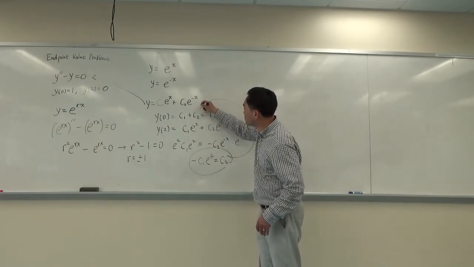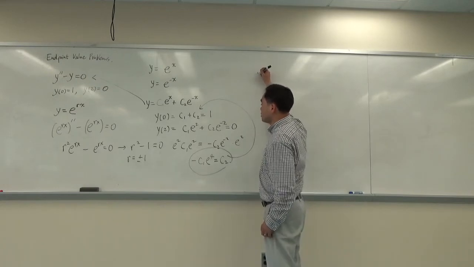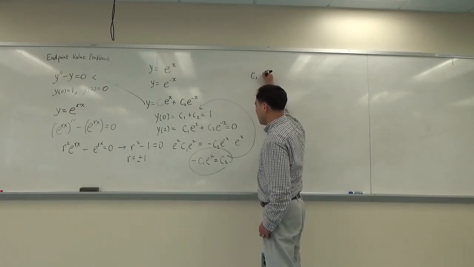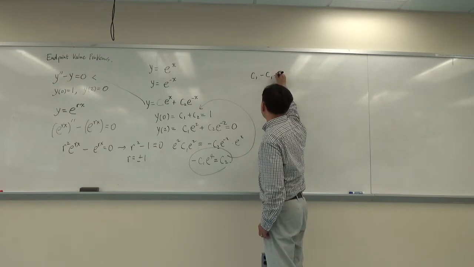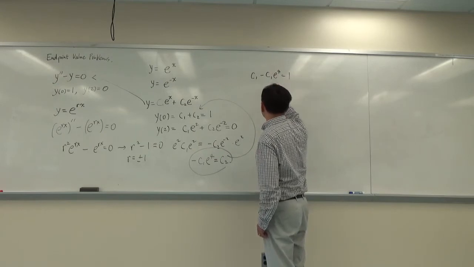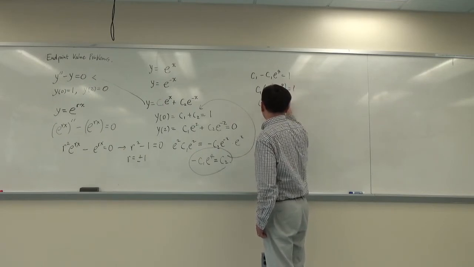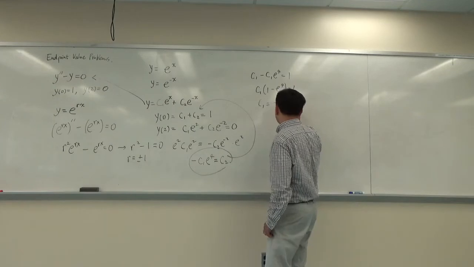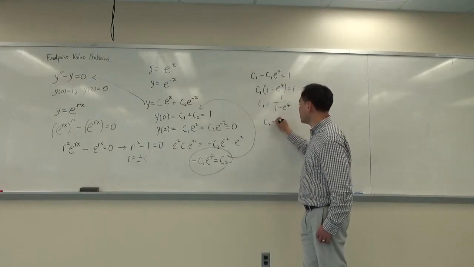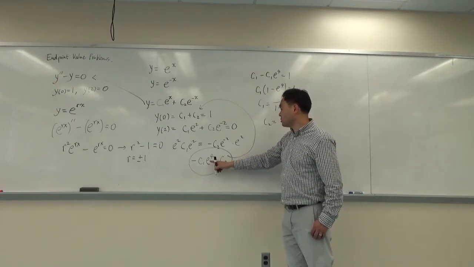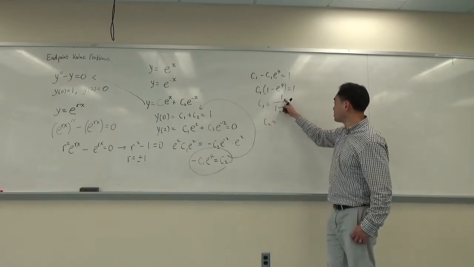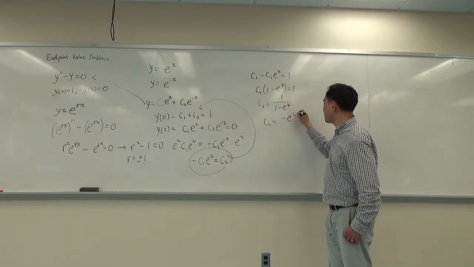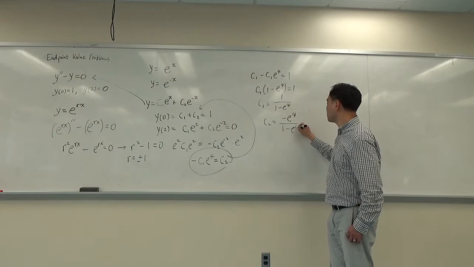Plug that into the first one, and you get c1 minus c1 times e to the fourth power is 1, which means c1 times (1 minus e to the fourth power) equals 1. So c1 must be 1 over 1 minus e to the fourth power. And c2 must be negative e to the fourth power over 1 minus e to the fourth power.